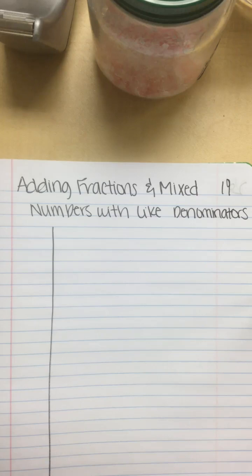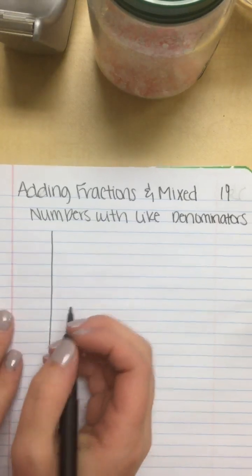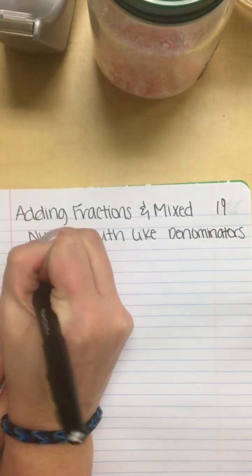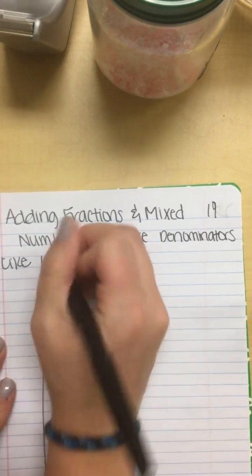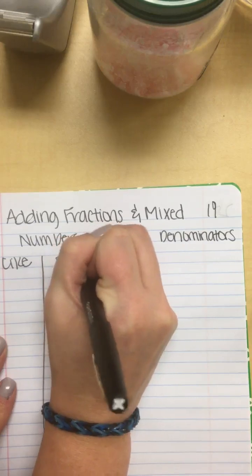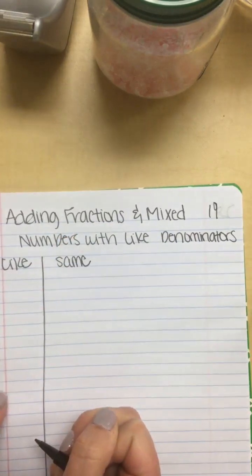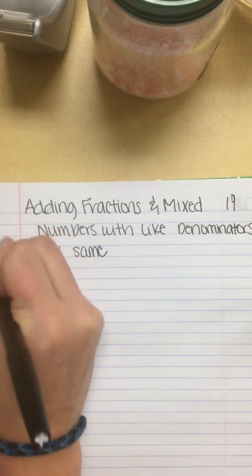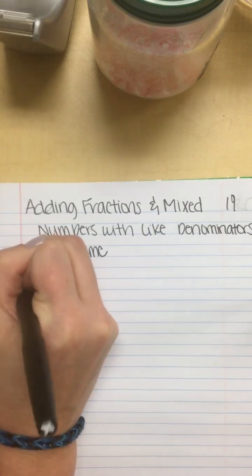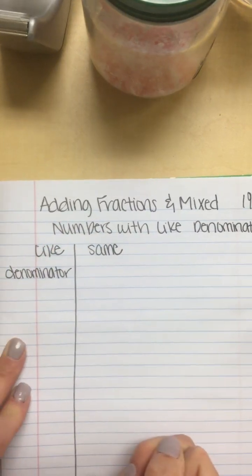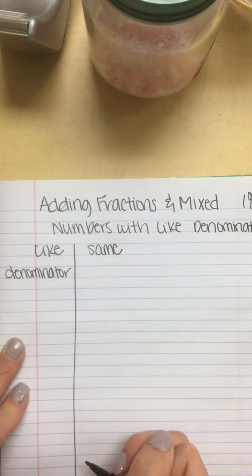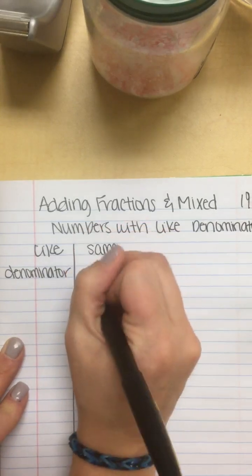All right, so let's just review real fast what the word like and the word denominator mean, okay? Anytime you see the word like in math class, it's going to mean the same. Then the word denominator in a fraction is the bottom number.